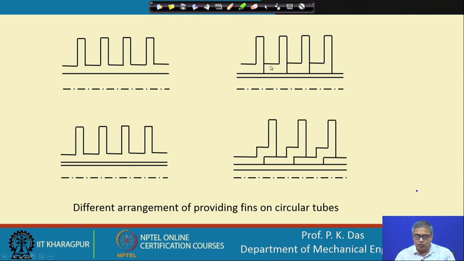So, what we have to do is this: if the tube material is something else and on the top of that we provide fin material, some sort of arrangement where the fins are made of highly conducting material, then probably our cost will be less.